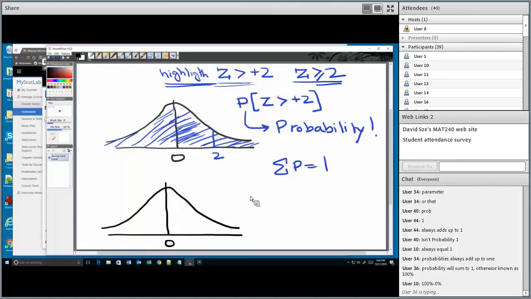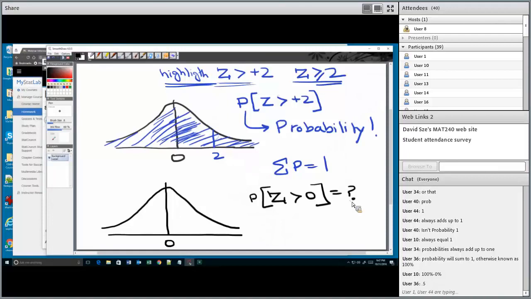So we all agreed that the area of the entire region under the normal curve is 1. What is this value? You guys are good.